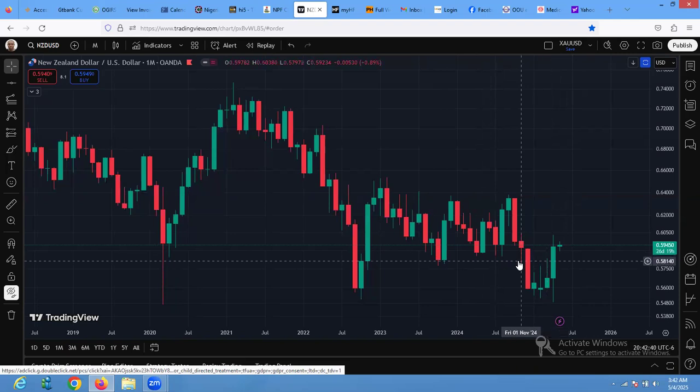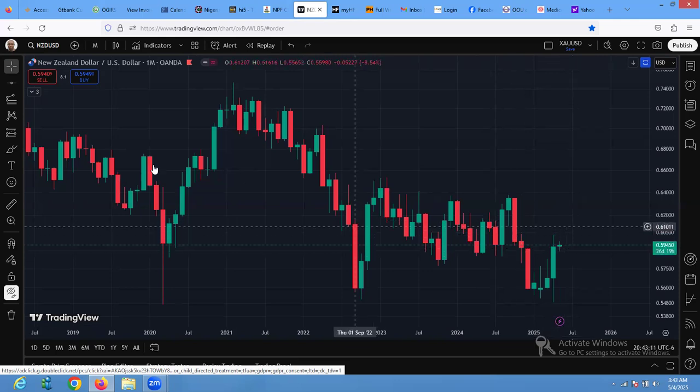So these are the areas between 0.5820, as well as 0.5865 and 0.5825. That is the area you should be looking for this completion for price to go up again before it begins to come down.